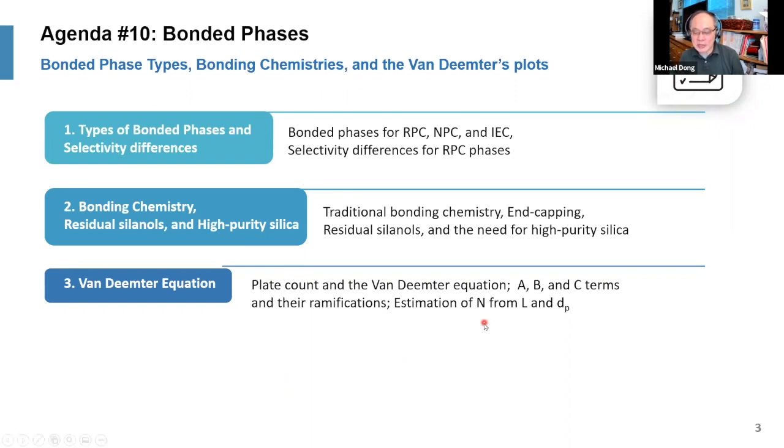And also, how do we estimate the plate counts from the column length and the particle size? So you can make a rough estimation of the plate count, right? It might not be exact, but you can just estimate what it is by just knowing the length and the particle size, right? So it would actually be pretty accurate.